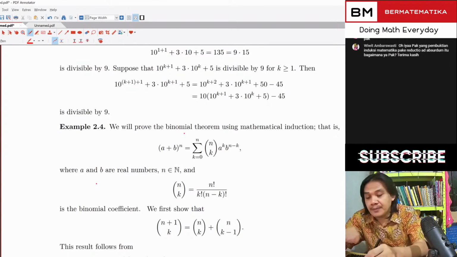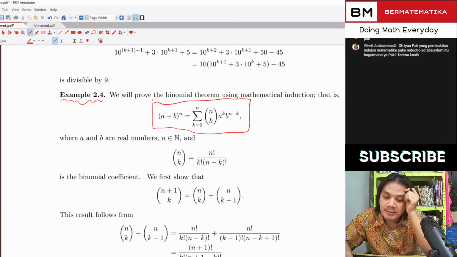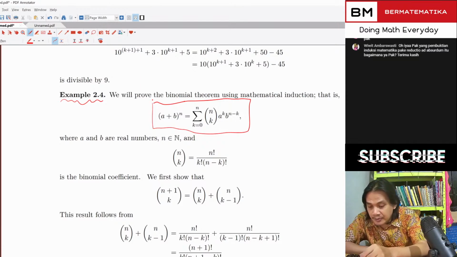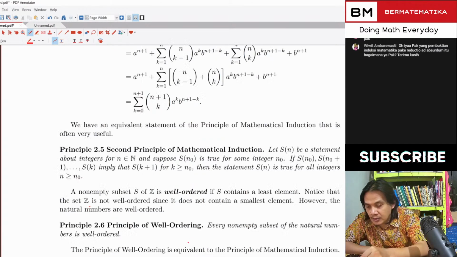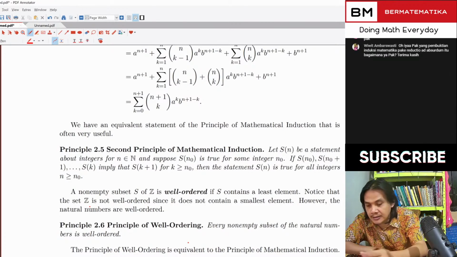So here, the application of the induction. First, we can prove the binomial theorem using mathematical induction, and then there is the second principle of mathematical induction, which is usually called strong induction.